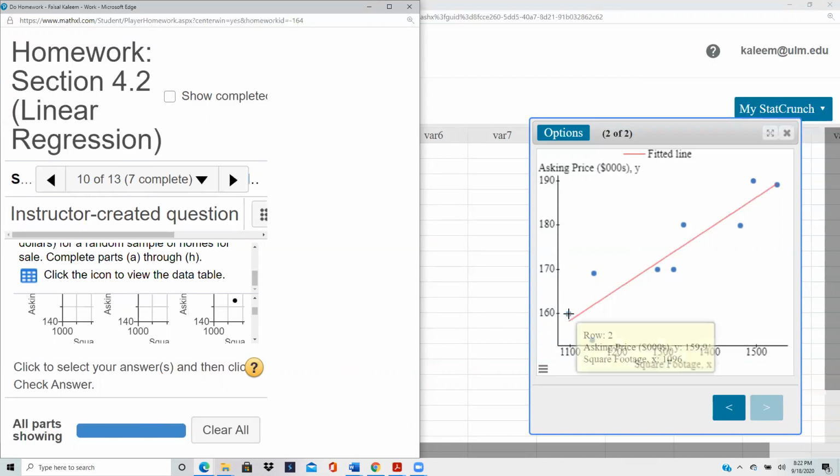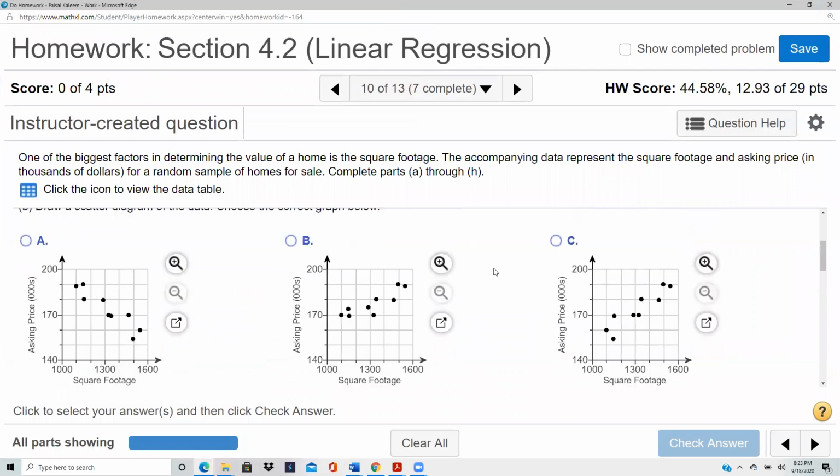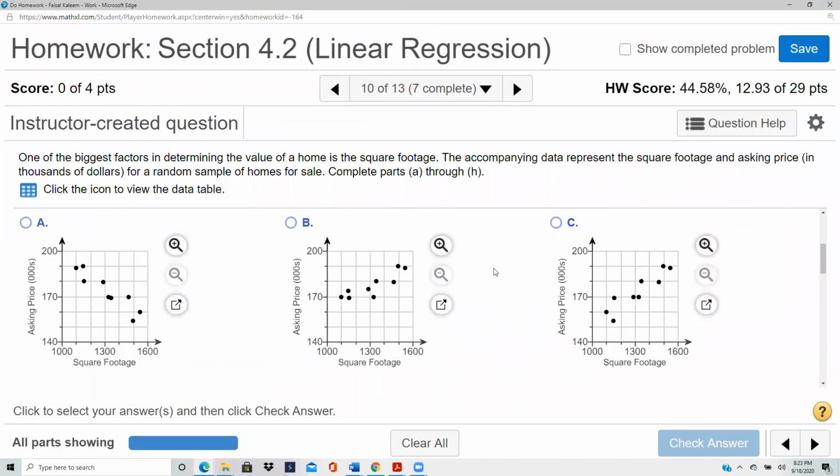As you have a point here, then you have one above and one below it, and you have three at the same level. So this looks like it. There was a point, then one above, one below, and then three at the same level.